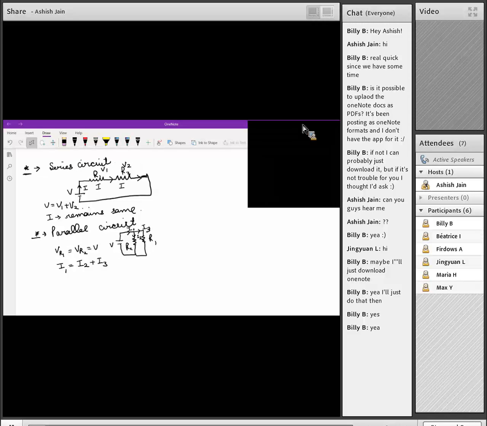Okay, so here's a quick quiz for you guys. This is a little variation of the circuit I previously drew. Then you have R2, R1, R3. Tell me now, would the voltage across R1 and R2 be V or not?